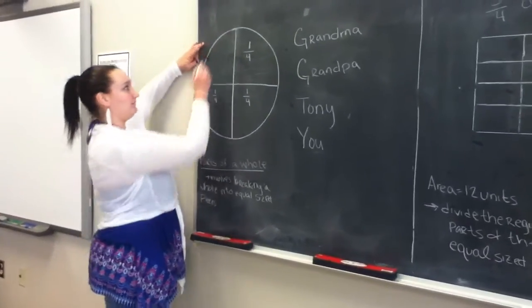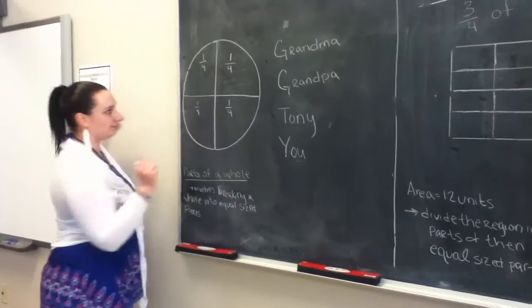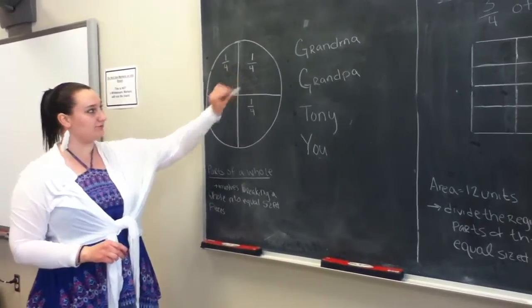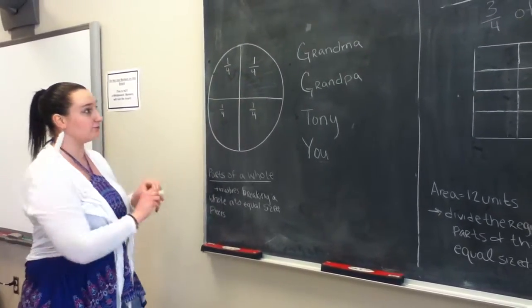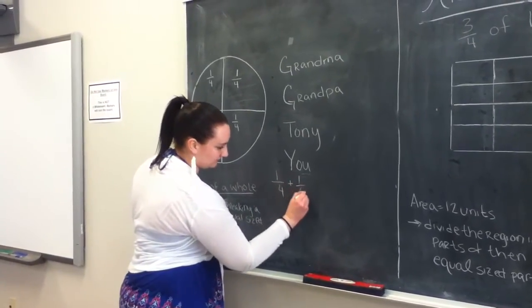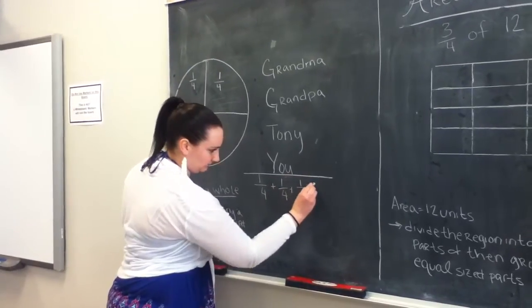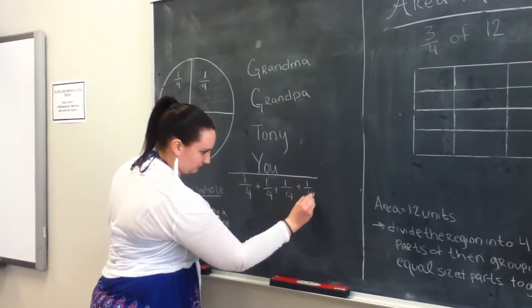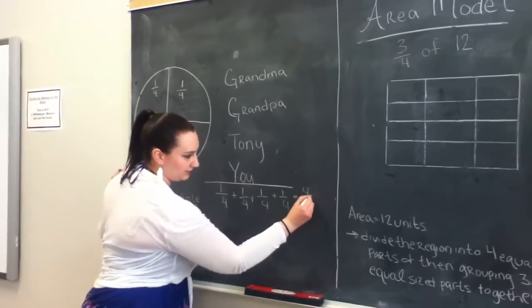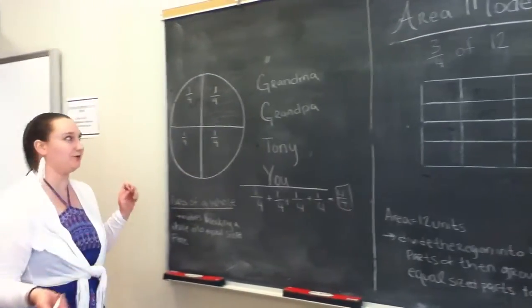And this piece is 1 out of 4. And 1/4 plus 1/4 plus 1/4 plus 1/4 gives us 1, 2, 3, 4 out of 4, and that is equal to 1 whole.